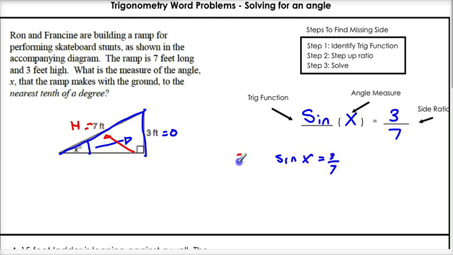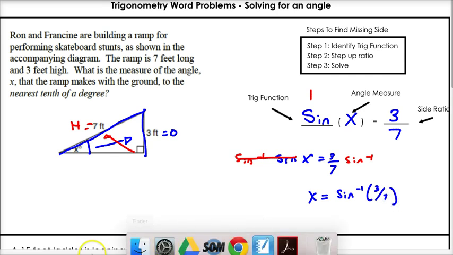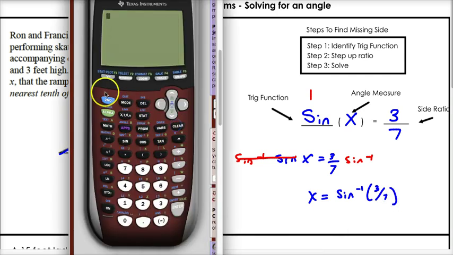Let's use our inverse function, the sine of -1 on both sides. That cancels this sine out, and I get x is equal to sine of -1, 3/7. Time to take out the calculator. Clear that out.